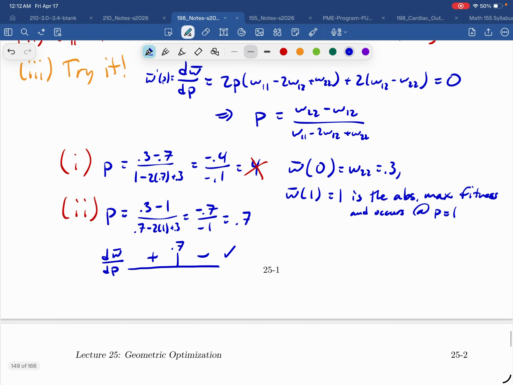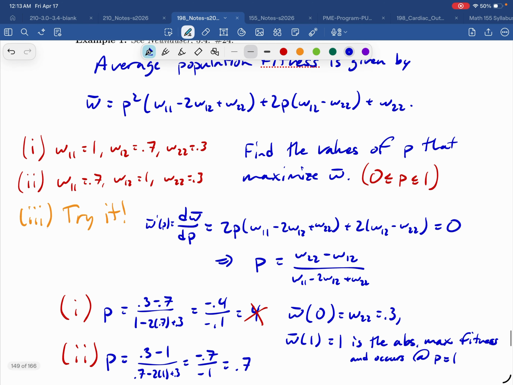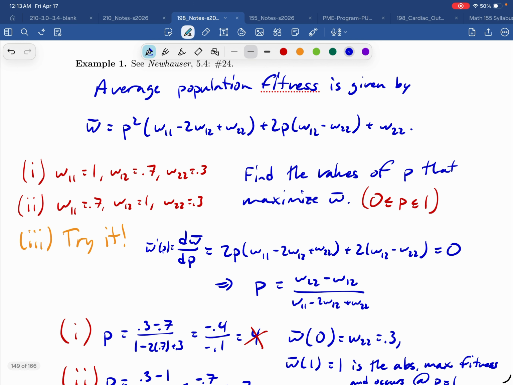So W bar of 0.7, what does that equal? I don't even know what that equals. It's something terrible. Let's see if we can solve it real quick. It's 0.49 times negative 1 plus 1.4 times 0.7 plus 0.3.